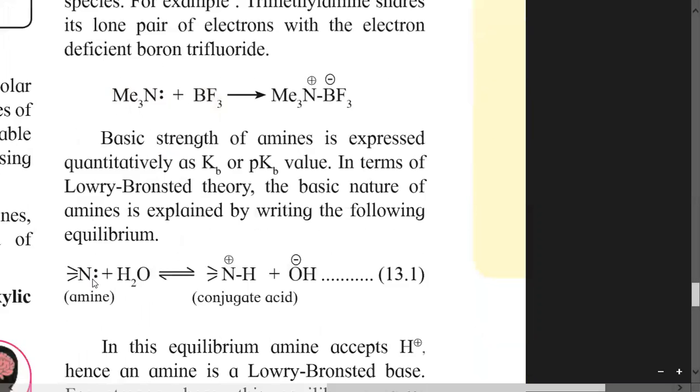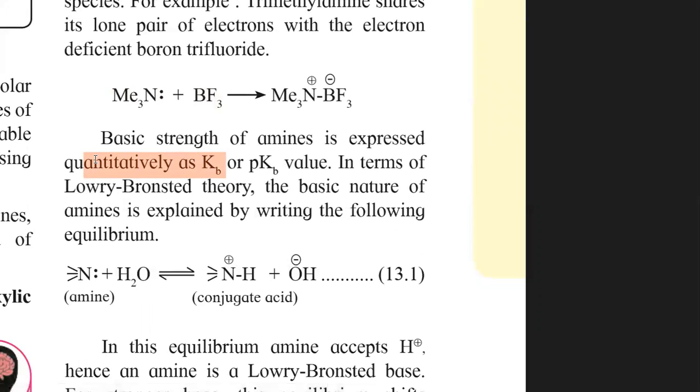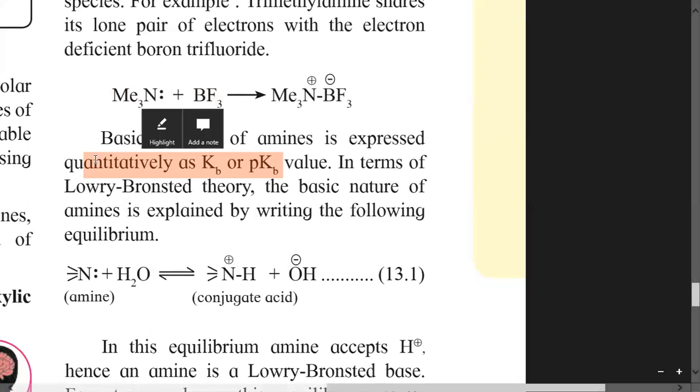So the basic strength of amines can be expressed quantitatively in terms of Kb, that is the dissociation constant of the base, or its pKb value. If the Kb value is large, then the amine is more basic, a stronger base.